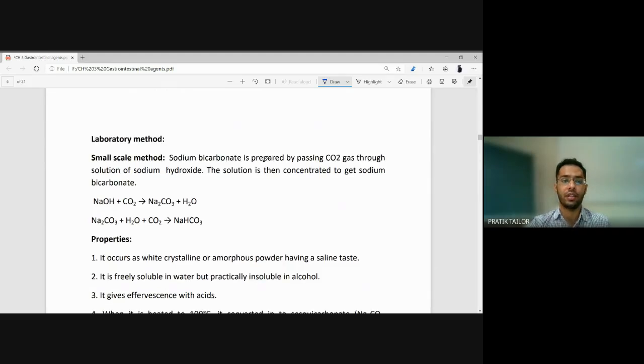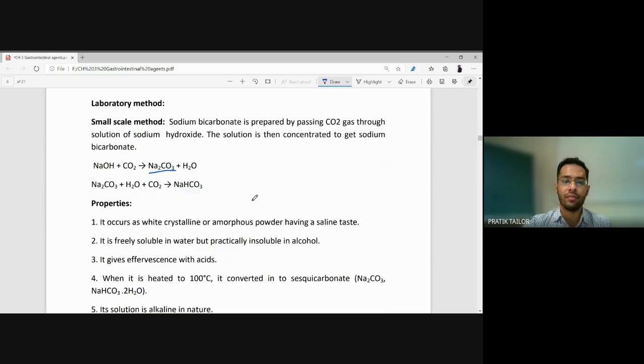How can you prepare this? Simply by this reaction: you pass carbon dioxide gas through a solution of sodium hydroxide. It forms temporary sodium carbonate, and then the reaction continues and forms sodium bicarbonate, the compound of our interest.